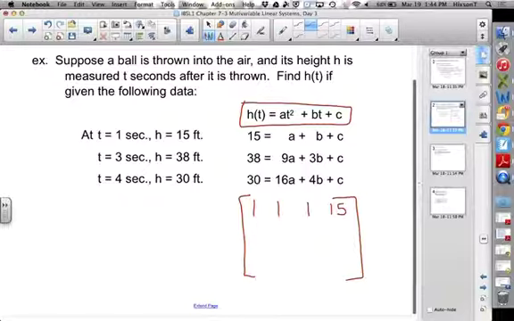We just figured it out because we plugged in 4 for t. So we got 16a, 4b, and c, and then we plugged in h for the height. You'd be given a model to fit it to. It may not be a quadratic, it may be something else, but the process here will be the same. So 9, 3, 1, 38, 16, 4, 1, and 30.